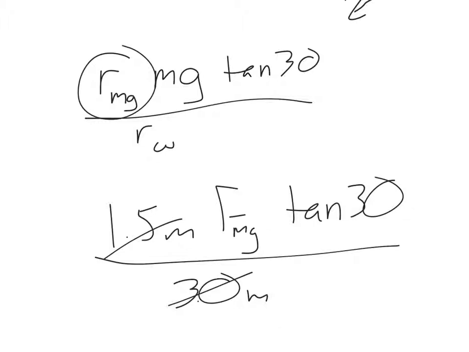So tan 30 divided by 2 is 0.288, about 0.29. I'll carry through this. So this is going to be equal to 0.2887 times mg, or the FMG.